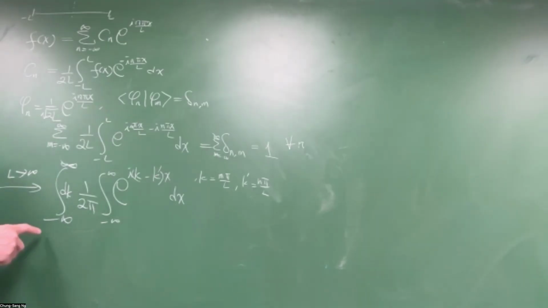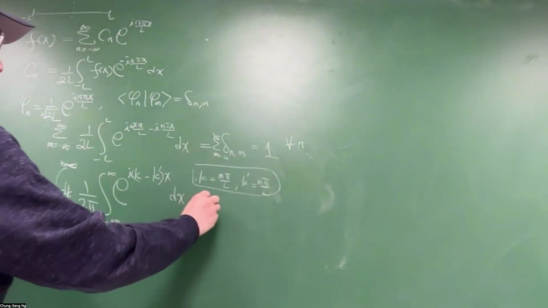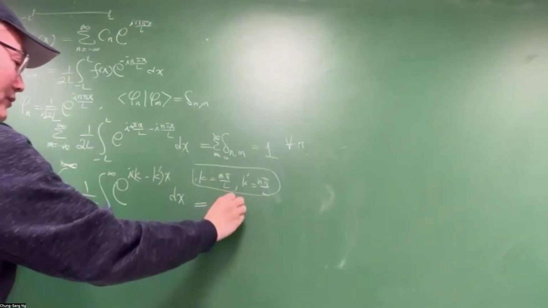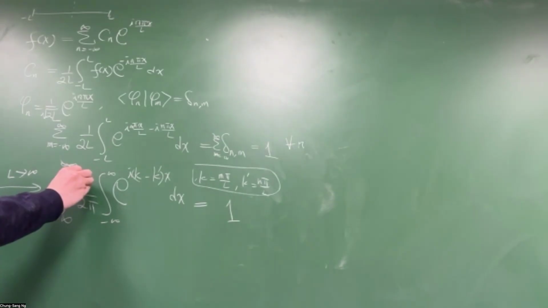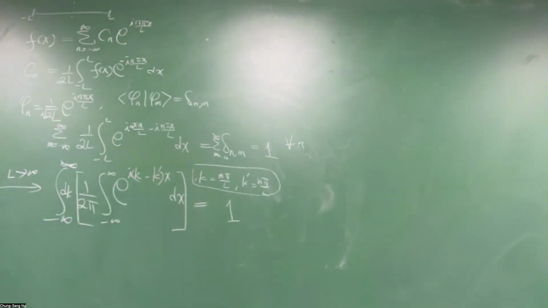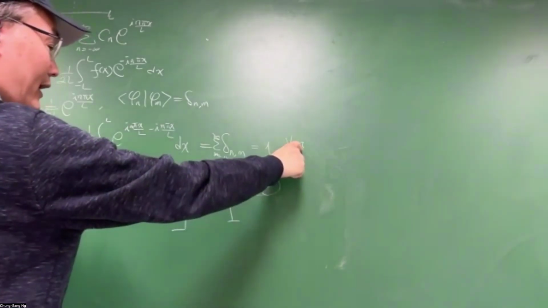Right. So that is the formula on the left hand side. And the right hand side should give you 1 because we already argued that this must be 1. Right. So now we rewrite this a little bit. We don't need to rewrite, just with the bracket. Right. This is for any n.